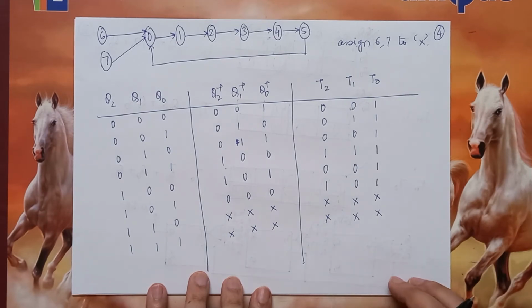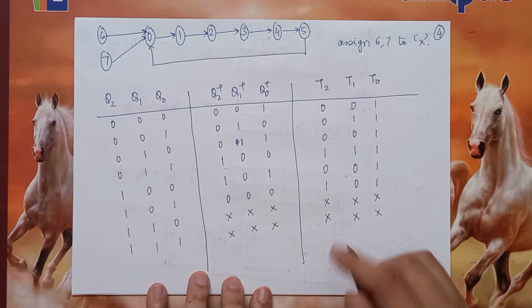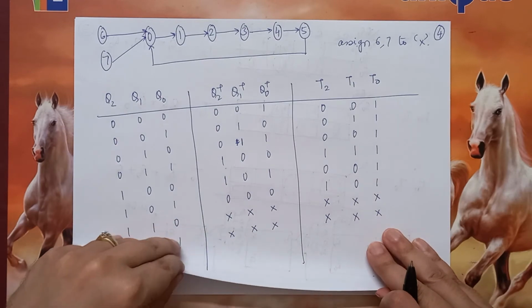So the K-map for T2 can be now constructed like this.